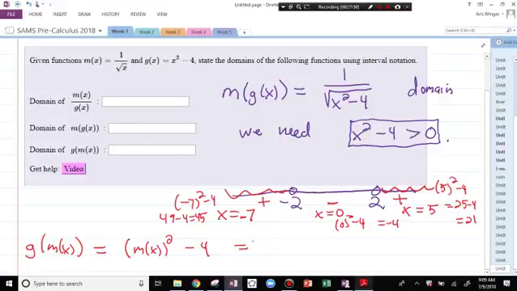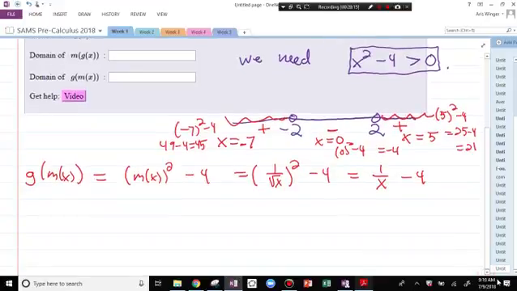That's going to be 1 over the square root of x squared minus 4. And now we start to get a little funky. What is that? One over the square root of x squared, that's 1 over x, minus 4. What's the domain?